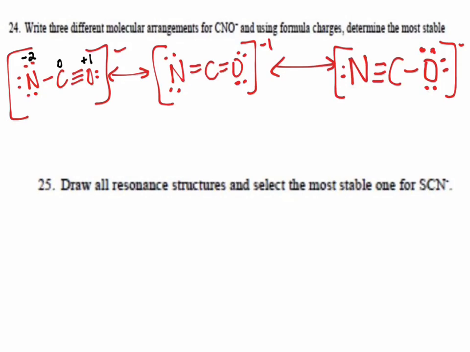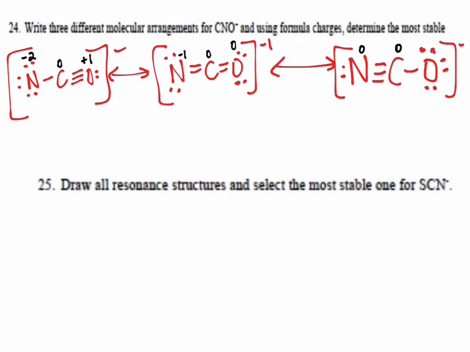So when we add those together, they should equal a -1 charge, because that's the charge on our molecule, and that's what it is. So now N has a charge of what? -1. Carbon has a 0, and oxygen has a 0. Add all those together, should equal -1, and they do.